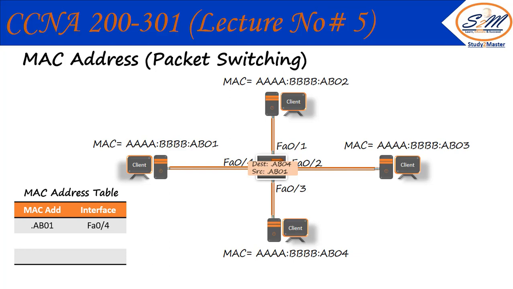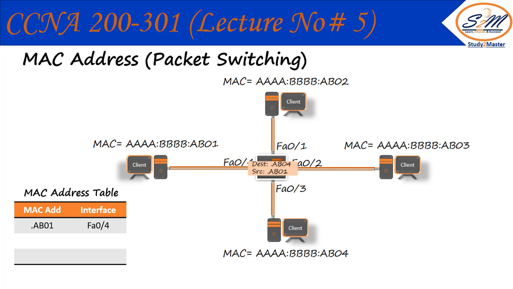And here the switch doesn't have information about the rest of the clients. The switch only knows about PC1 because it already learned the MAC address on the interface. PC1 is connected to FastEthernet 0/4 and its MAC address is AB01.